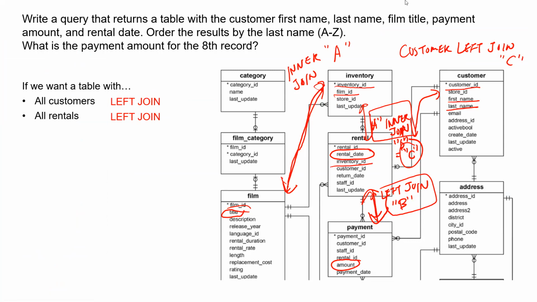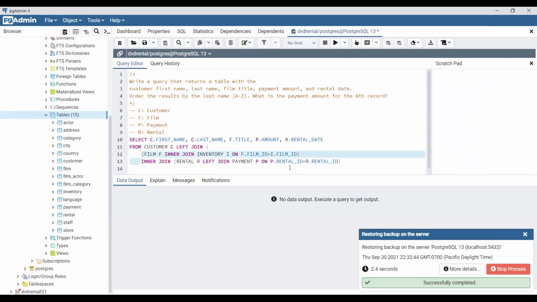Okay. So let me again go back to Postgres here. Inner join now. So remember, this is the first inner join table. This is the second left join table. Okay, I'm doing an inner join between those two. And then it's going to be on the inventory ID from the inventory table and the inventory ID from the rental table, right?